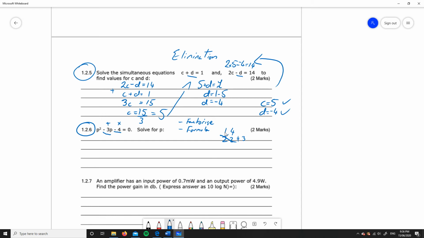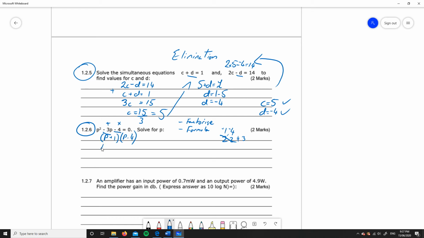What I'll look at here is I'm going to start with plus 1, so positive 1 plus negative 4 is going to give me negative 3. So if I put that over here, p plus 1, p minus 4. From there, in order to check that and make sure that I've factorised it well, I'll expand that out of its brackets.